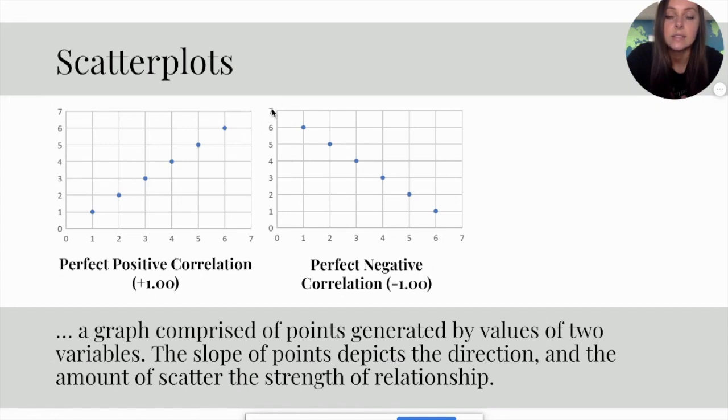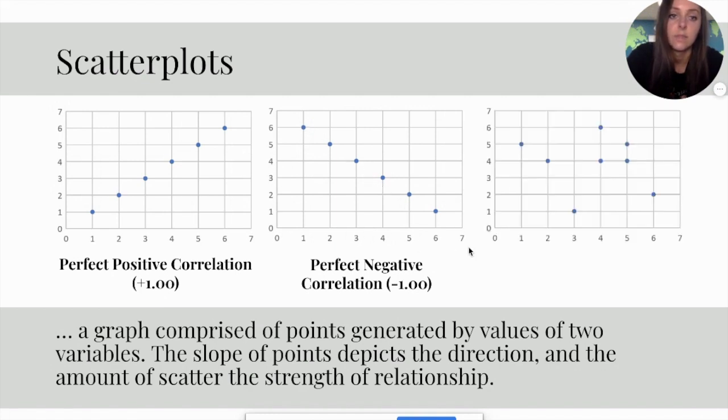So as the y-axis decreases, the x-axis increases. And then this last fun one would be an example of no correlation, because you see the dots are kind of all over the place and you can't tell which direction they're moving, and it's really not linear.